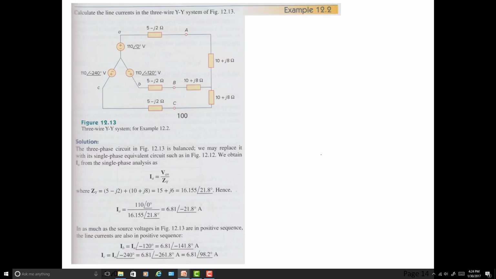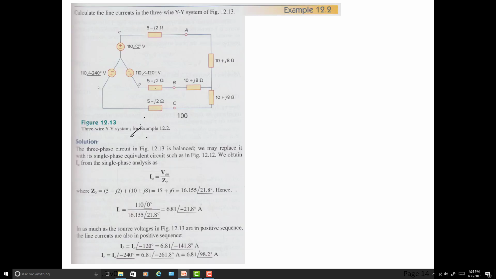I want to just go to example 12.2. This is in your text. I'm not going to bleed us through this, but I did want to point out a couple of things. Here, this is a fully rigged out one with the neutral line removed.